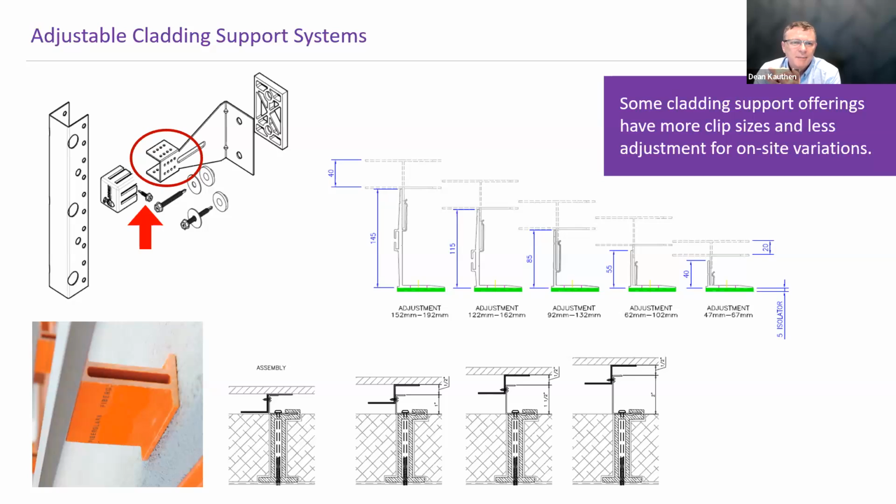You might see this in today's new construction and possibly in yesterday's buildings, like retrofit wall assemblies. And then in the lower left, you see another system that has some adjustability, as well as on the right side of the screen.